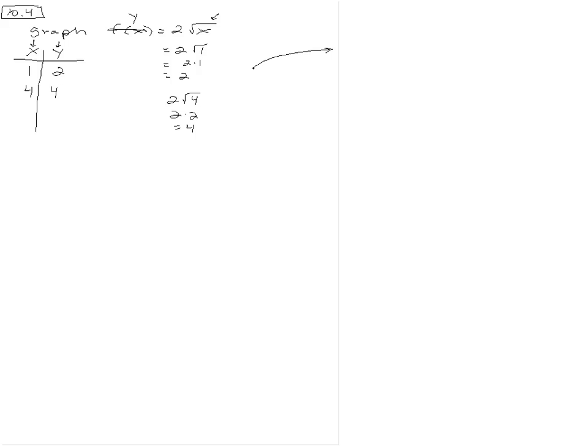Now, what's the next number that would make sense to put in for x? 9. Because then you get 2 times 3, which is 6. Okay? Now, let's graph these numbers.